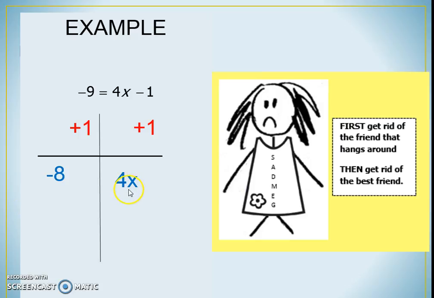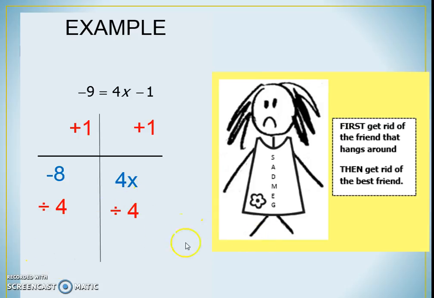Remember, the coefficient, the number that's squeezed next to the variable, has multiplication between these two. So the opposite of multiplication is division. So we'll divide both sides by 4.